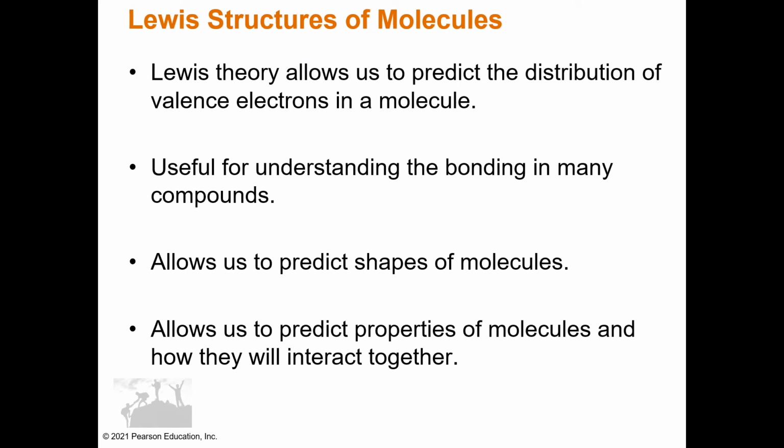Now let's take a look at drawing out these structures. There are some rules that we have to follow, but once we know how to draw Lewis structures, then we could figure out the shapes of these molecules. And again, we could use those shapes to figure out the physical and chemical properties of those molecules.